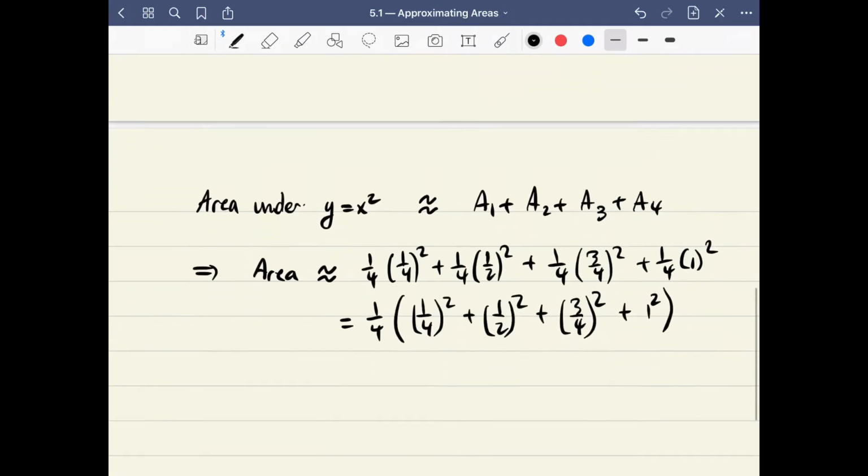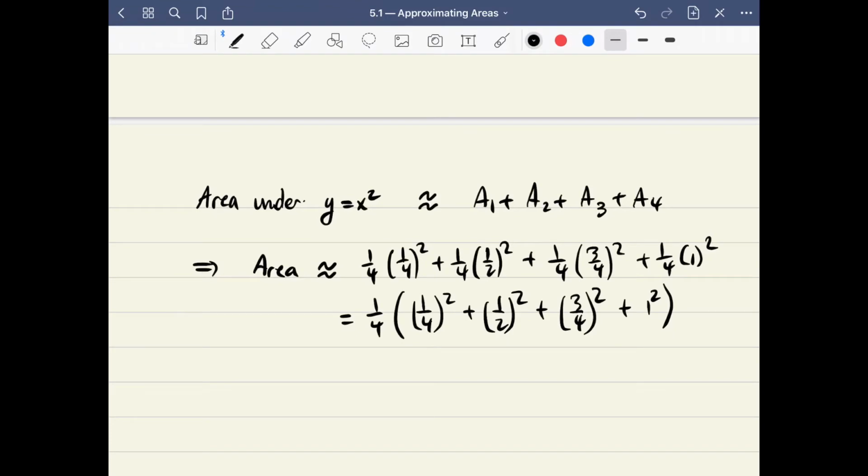And if you calculate this, you will find 3.75.